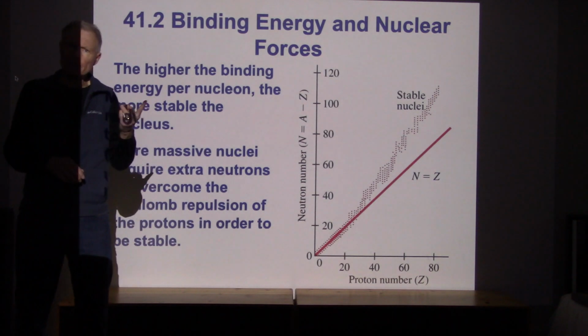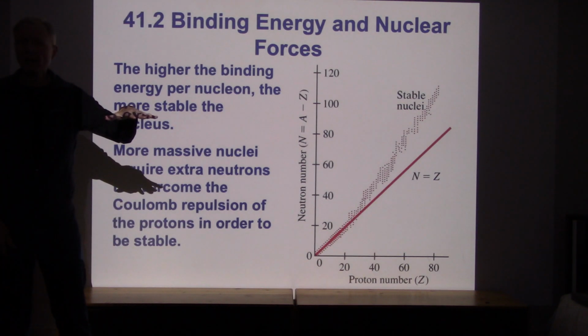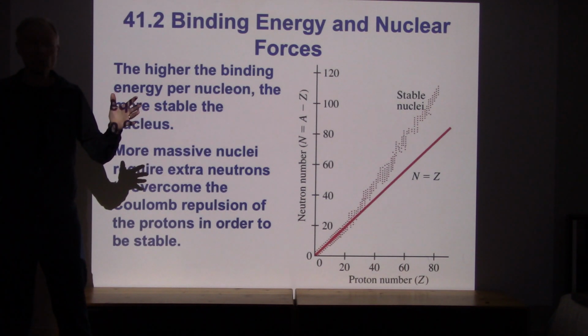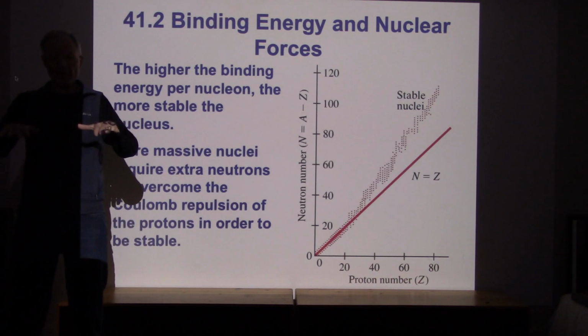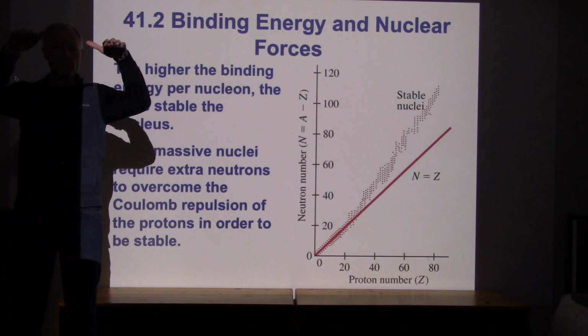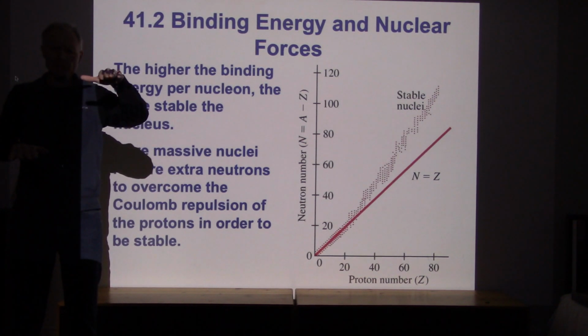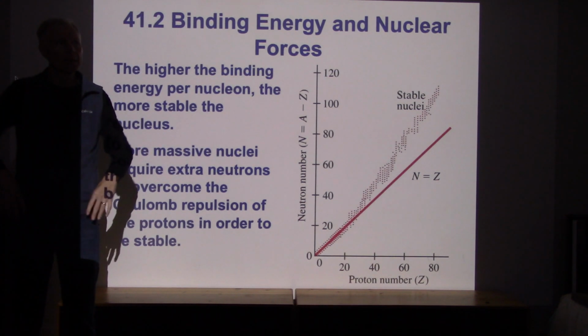Now the second effect that's coming in is that the protons are repelling each other electromagnetically. So through the electromagnetic force, the protons repel. The neutrons don't have that issue. So if we look at the energy states of the protons and the neutrons, the energy states on the protons are going to be spread out more than on the neutrons.